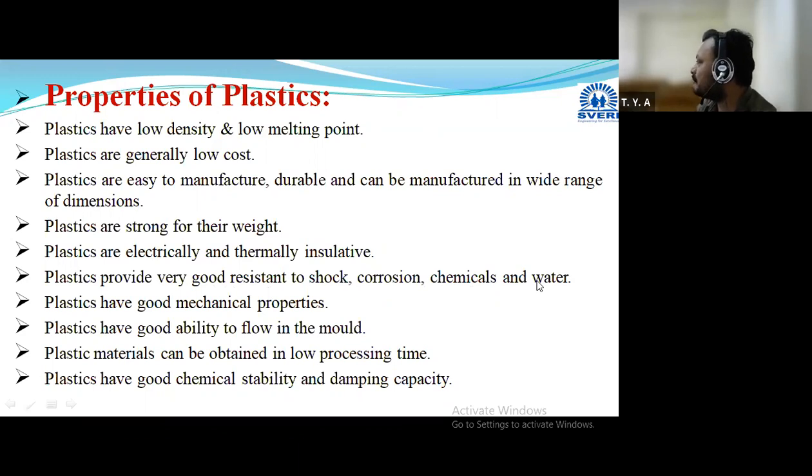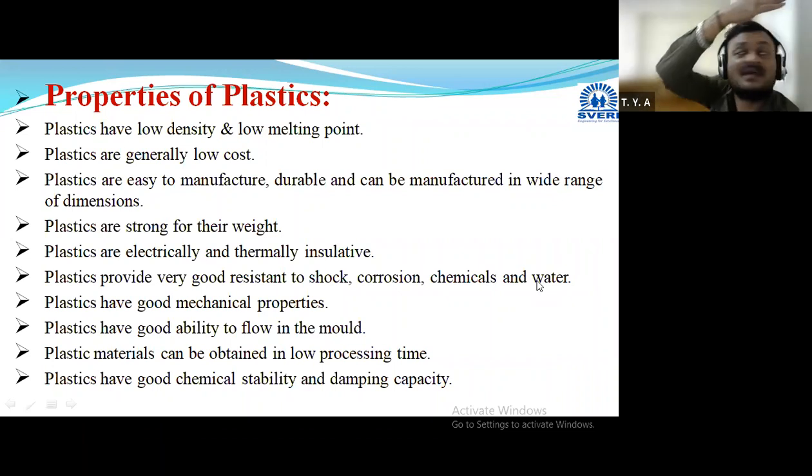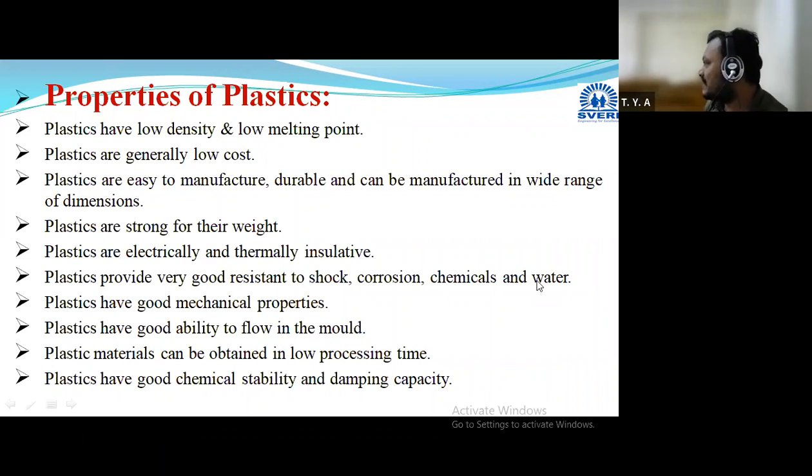They are bad conductors of electricity, so you cannot pass electricity through plastic materials. That's why we use them in a number of electrical applications, and lots of electronic devices are made from plastic material, because they act as an insulator and provide very high resistance to corrosion. What is the meaning of corrosion?